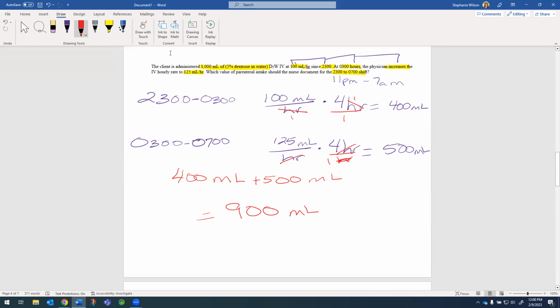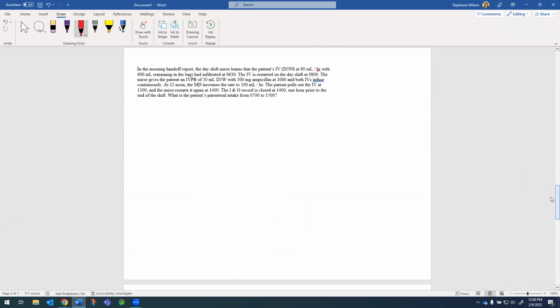Let's do another one. It says in the morning, there's a handoff report. A day shift nurse learns that the patient's IV has a flow rate of 80 milliliters per hour, with 600 milliliters remaining in the bag.